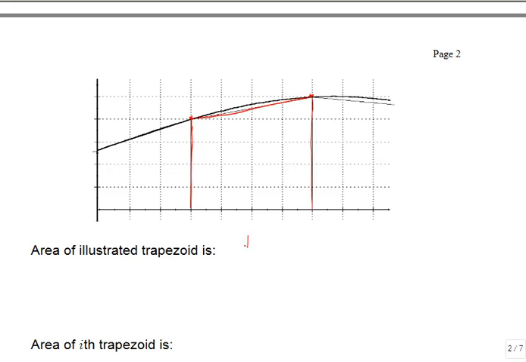Well, again, my formula is 1/2 the height times base 1 plus base 2, and in this example, if we assume that each of these units is 1, then this horizontal distance going across goes from 3 up to 7, so that's a distance of 4. So my height is going to be 4.